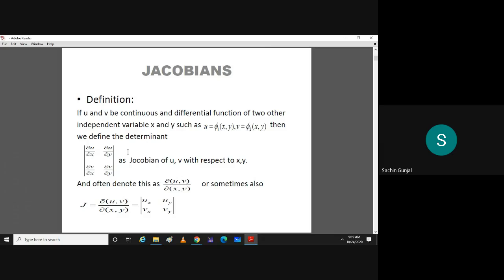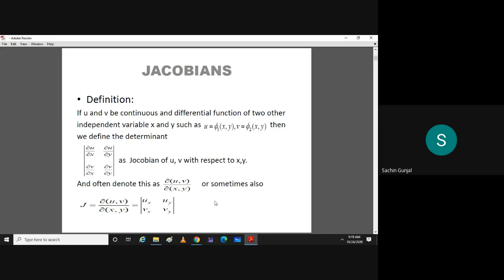You take determinant of those 4 partial derivatives and denote it by Jacobian J. It is also denoted by ∂(u,v)/∂(x,y). So Jacobian of uv with respect to xy is equal to the determinant of ux uy vx vy.